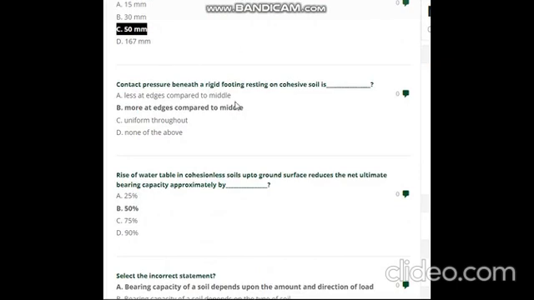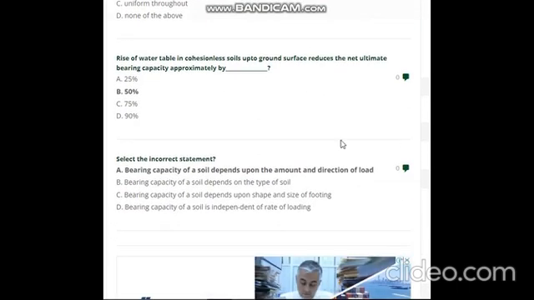Contact pressure beneath a rigid footing resting on cohesionless soil is more at edge compared to middle. Rise of water table in cohesionless soil up to ground surface reduces the net ultimate bearing capacity approximately by 50%.